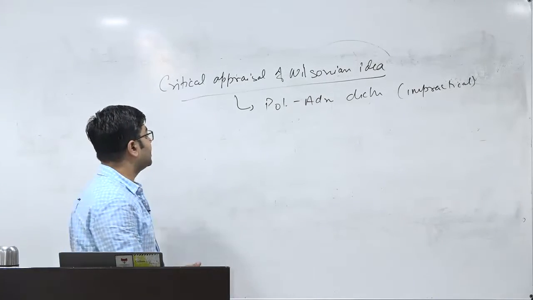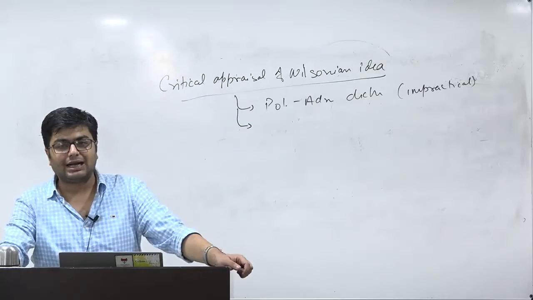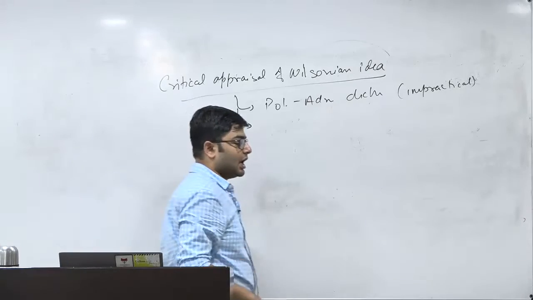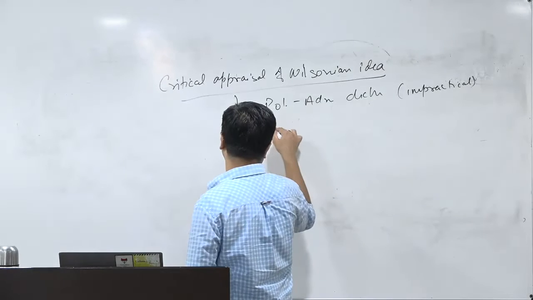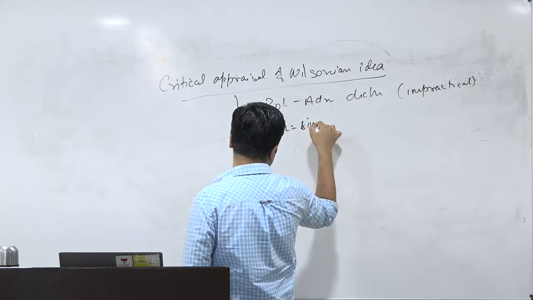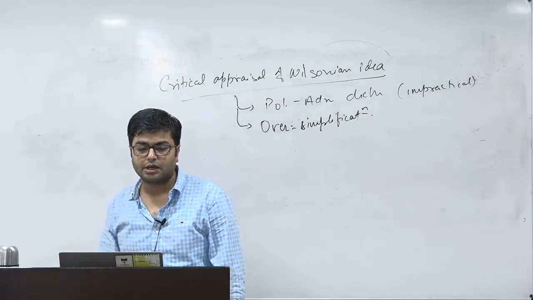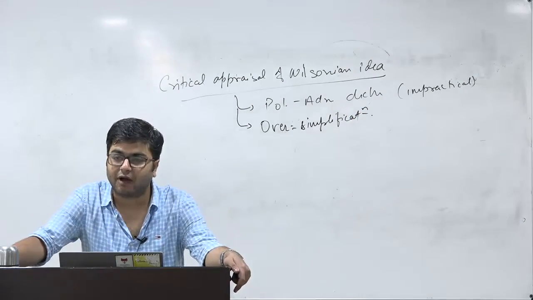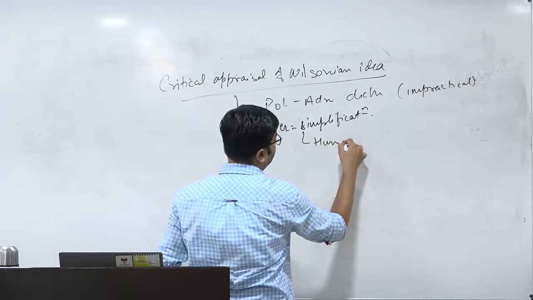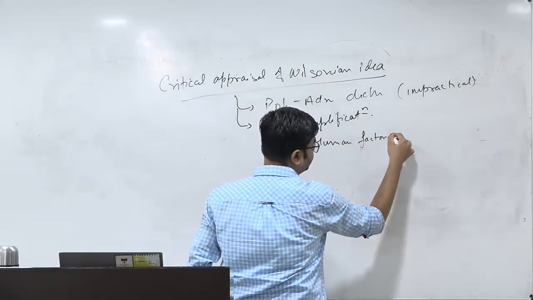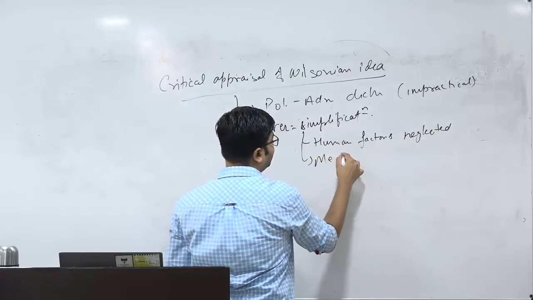Next, another criticism is that the administrative process as conceived by Wilson is oversimplified. It's oversimplified. Why? Because it neglects the human factors. It is mechanistic in nature.